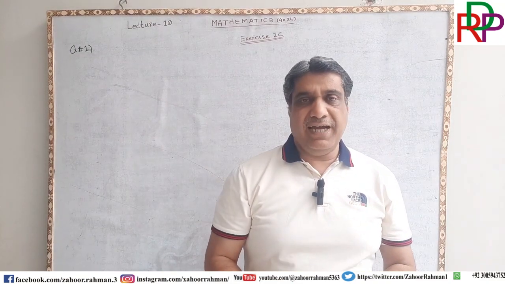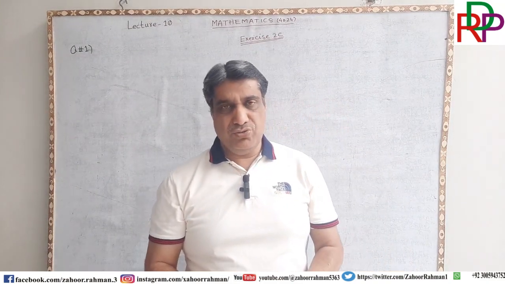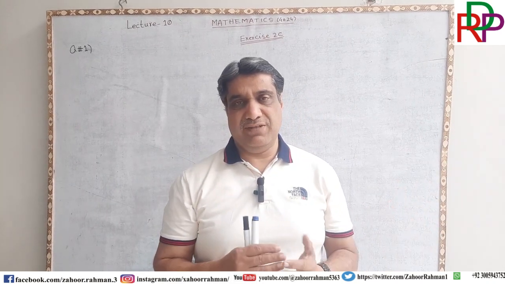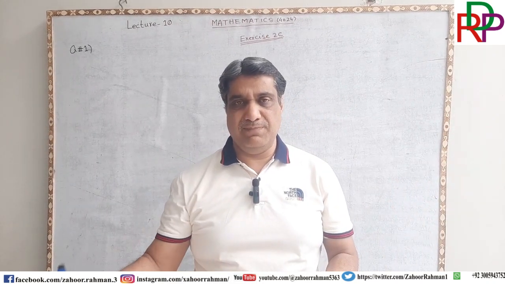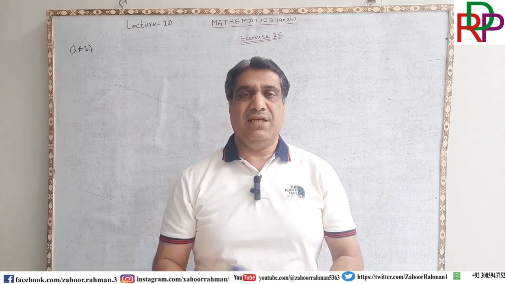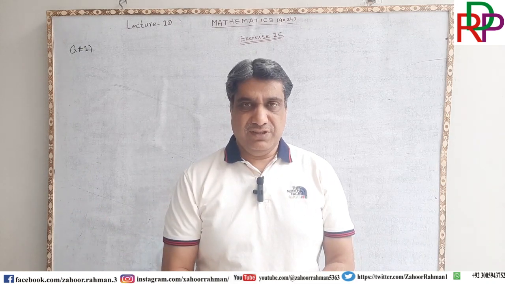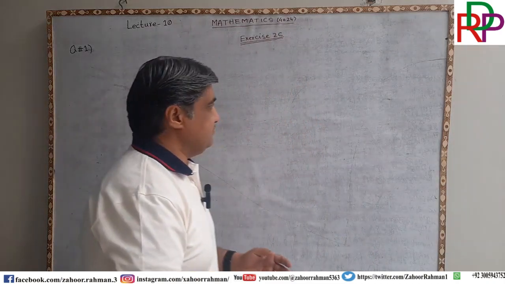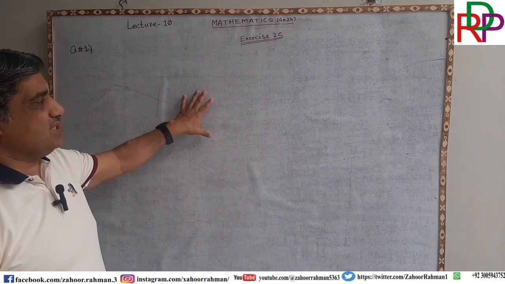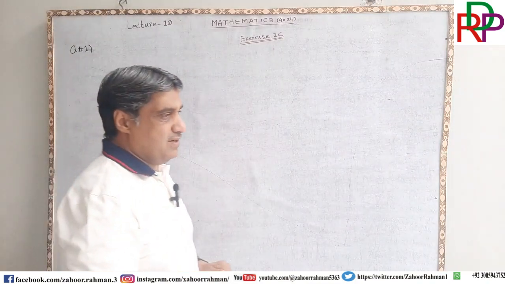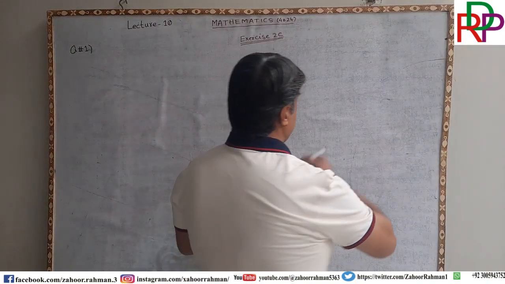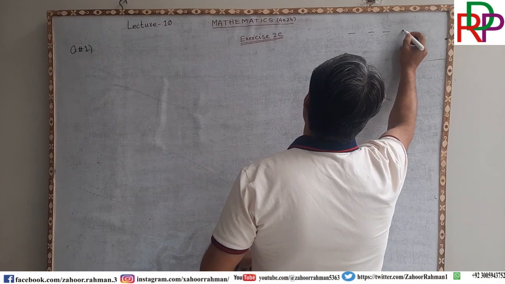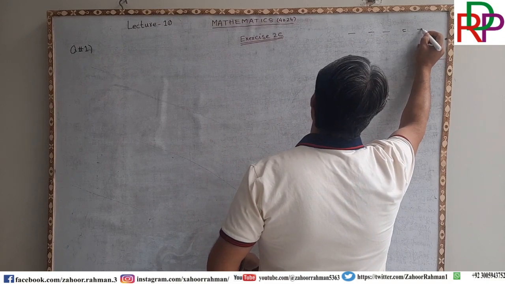A little bit idea has been given to you in the previous lectures when I told you that when minus is multiplied with minus, it becomes positive. So today we are also discussing that if a negative number is divided by a negative number, then it will yield positive.